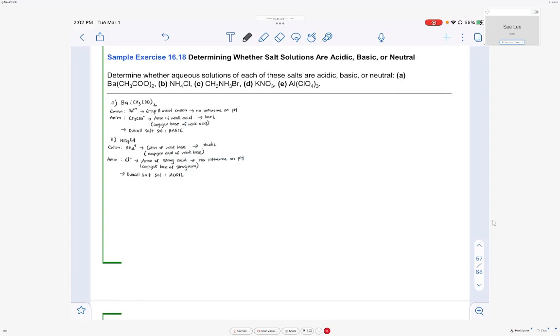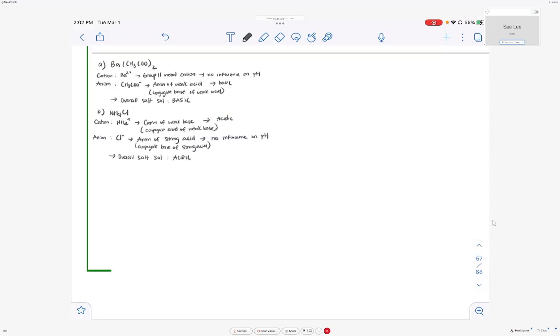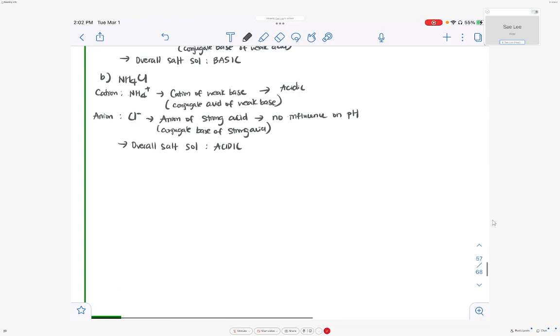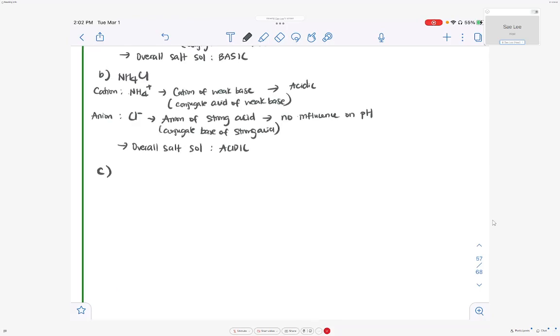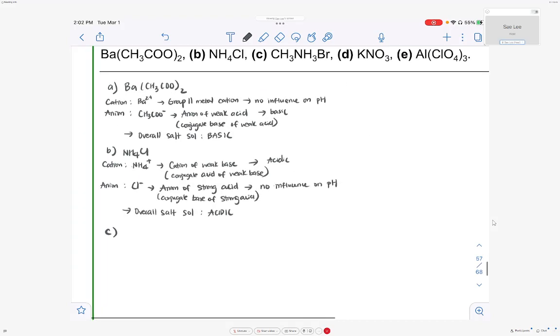All right, let's take a look at C. For C, you have methyl ammonium bromide, CH3NH3Br.